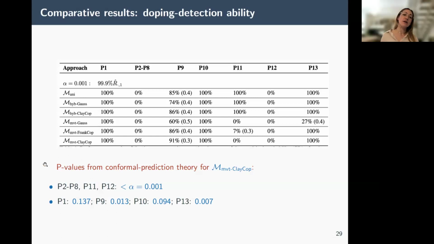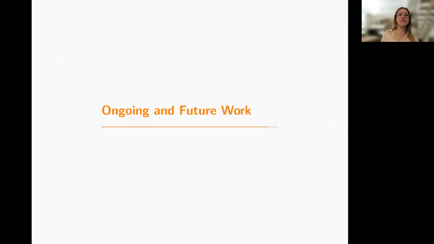If we look into the value assumed by that function for each of these different points, we can see that for P2, P8, and all the points which were never included in the highest density region, this p-value is always lower than this significance level alpha here. While for the others, it is higher. So it doesn't suggest the possibility of rejecting the fact that that point can be normal.